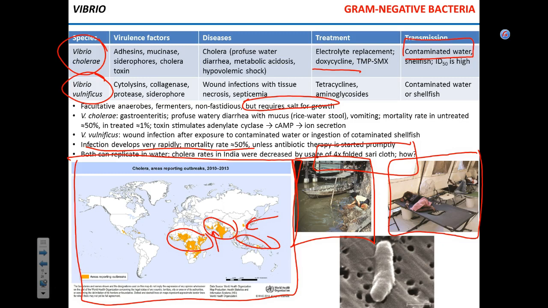And when you filter your water through sari cloth, you remove those animals and bacteria with them. Sure, some of the free cells will go through, but that filtration reduces the concentration of bacteria so much that you run much less risk of acquiring the actual infectious dose. Does that make sense?